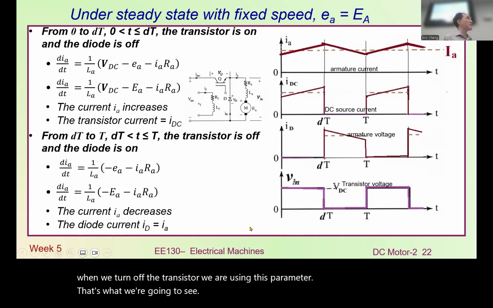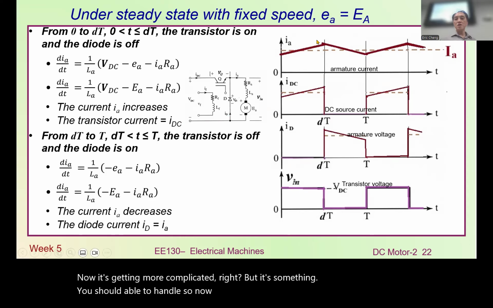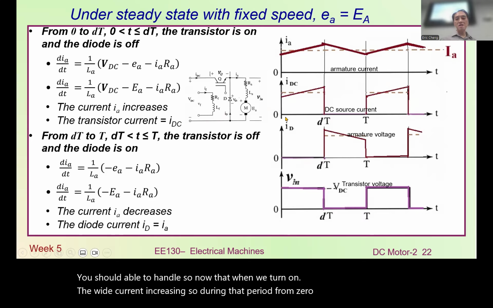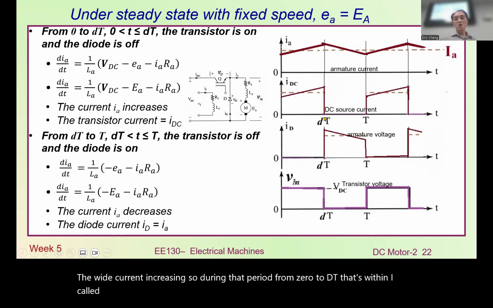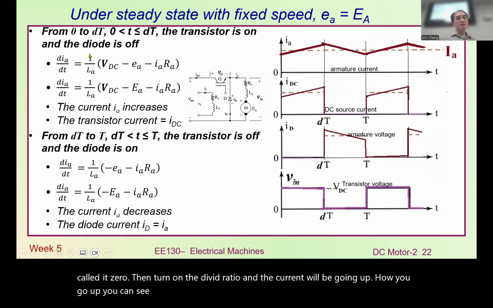Now it's getting more complicated, right? But it's something you should be able to handle. When we turn on, why is the current increasing? During the period from 0 to dT, I call it 0, when I turn on the duty ratio, the current will be going up. How does it go up? Just now we said the voltage equals VDC, so this is positive.